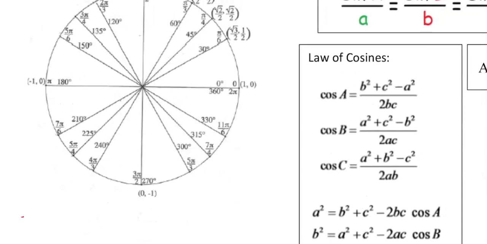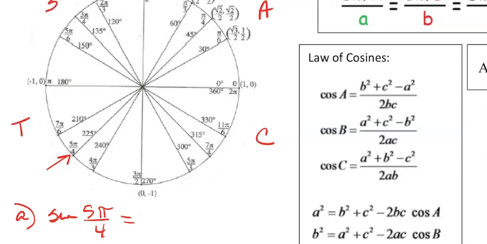So for A, what I want is the sine of 5 pi over 4. So this is what I want you to do. Find where 5 pi is. That's there. Because all students take calculus, I know in this third quadrant, right?